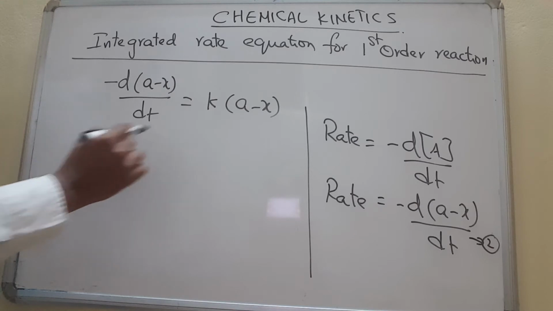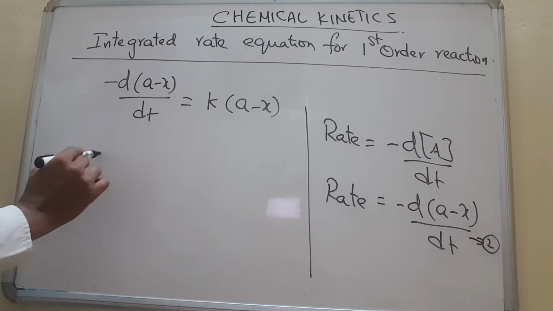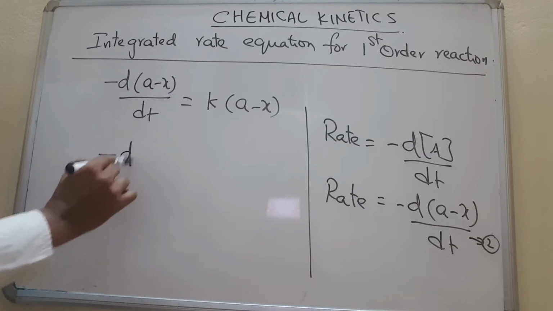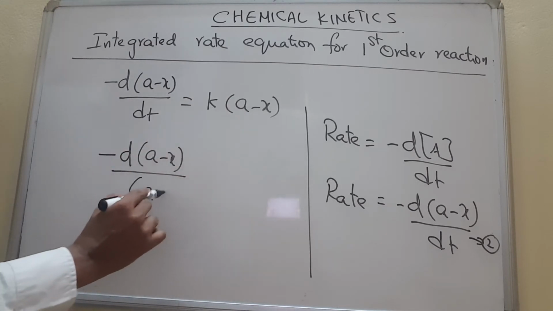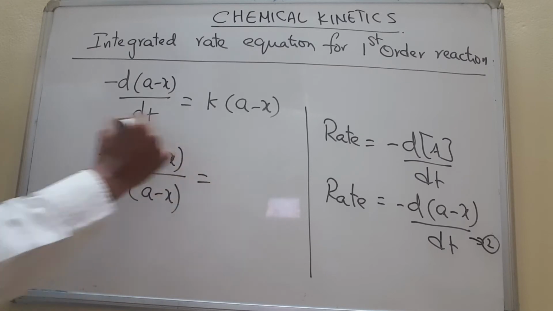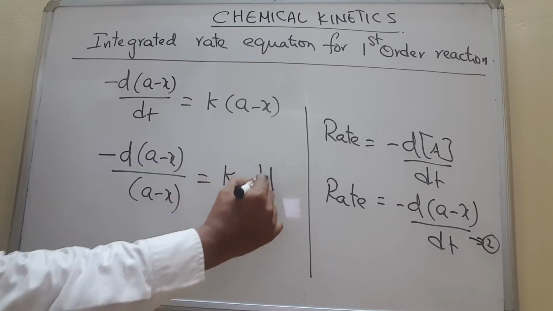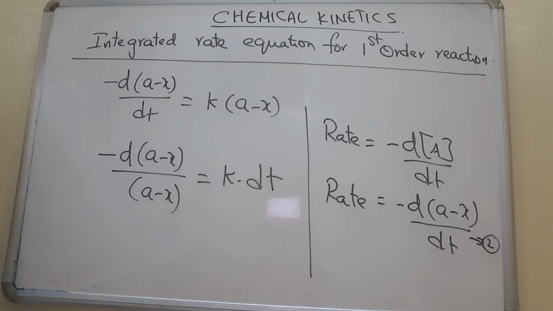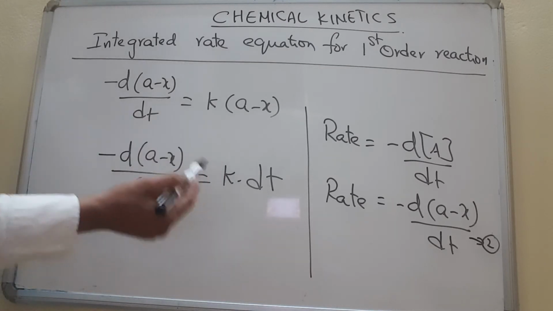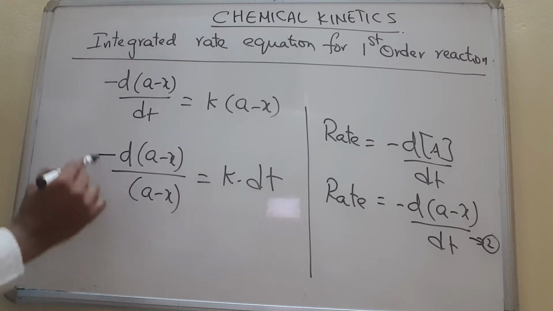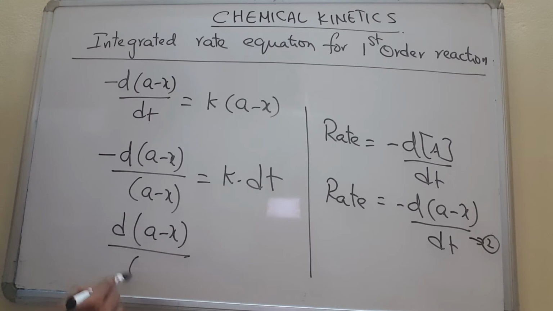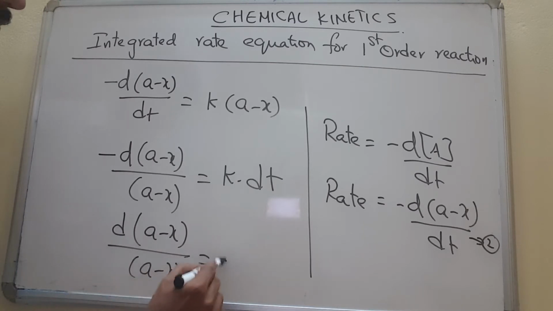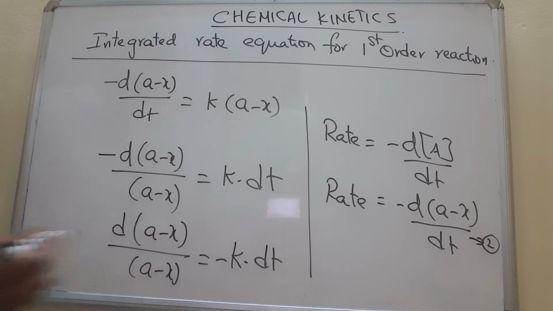You just remember. Then from this one, just rearrange. Then d of a minus x by this a minus x comes in the denominator, and then dt goes there, k into dt. Then multiply with negative signs on both sides. Then minus of minus becomes plus. d of a minus x by a minus x is equal to minus k into dt.